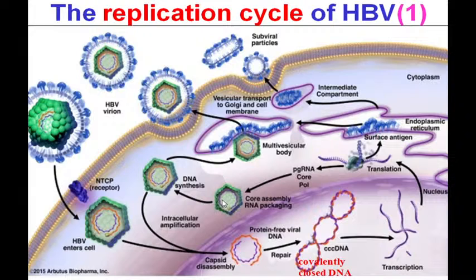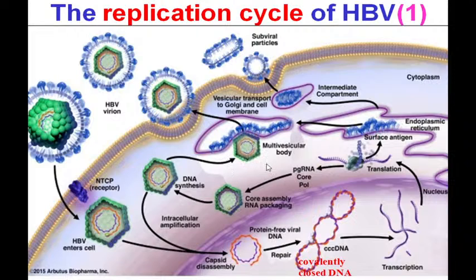Then the polymerase also has RNase H activity. It means that the pregenomic RNA will be immediately destroyed, and then using negative sense DNA as a template, the polymerase will start producing a positive sense copy of the DNA, the positive sense strand DNA.